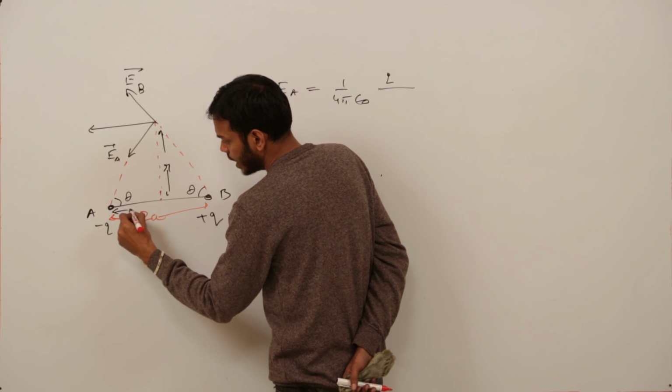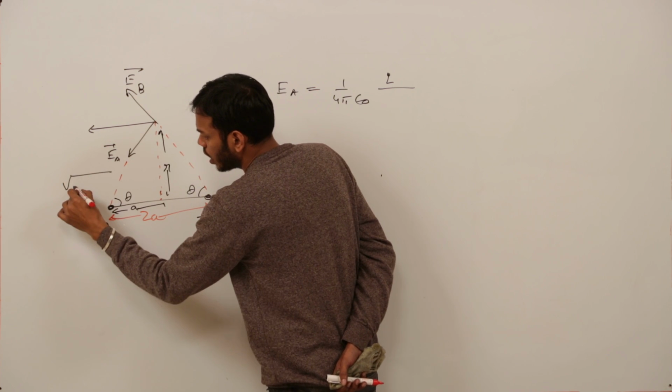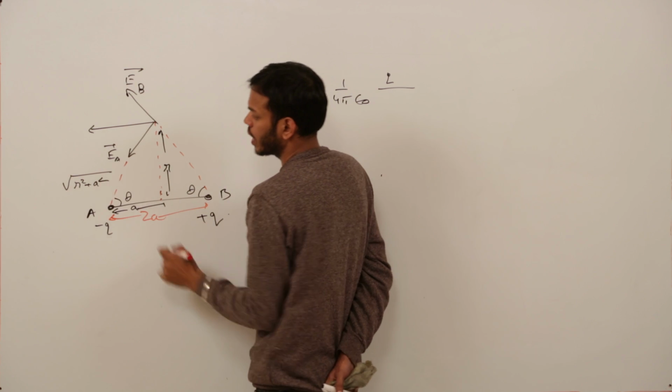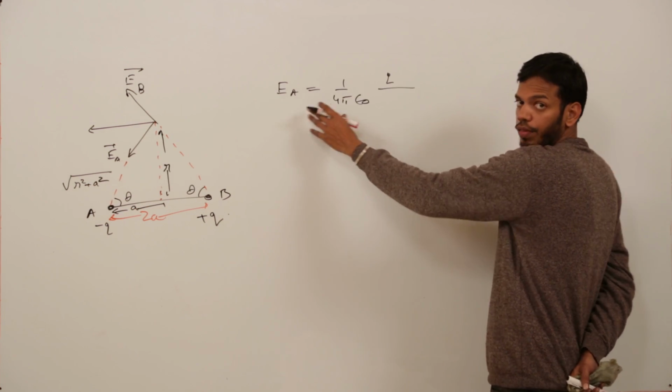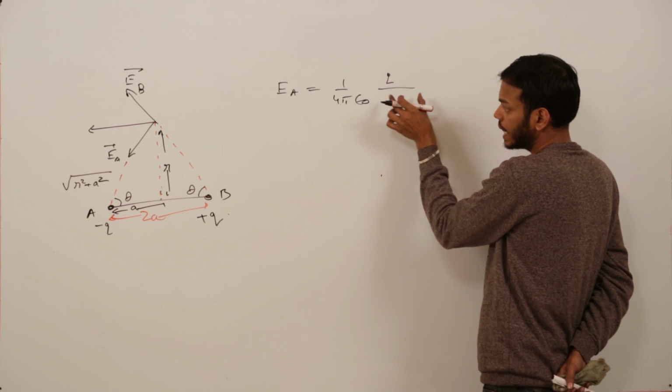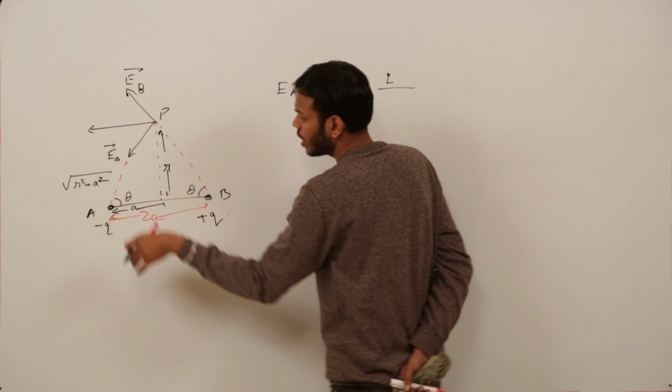This thing is A, this is R, so this would be under root R square plus A square. This distance. And in the formula of electric field, we have KQ upon R square. This R is basically this particular distance, AP.